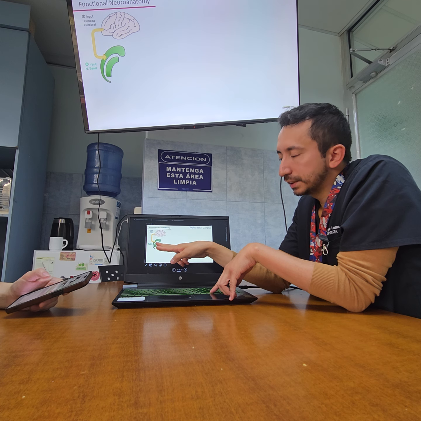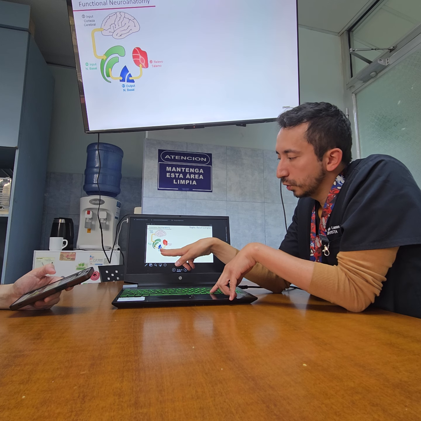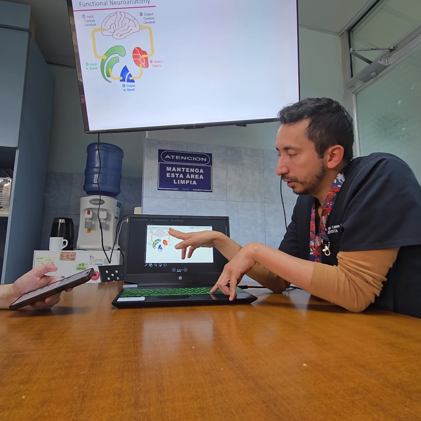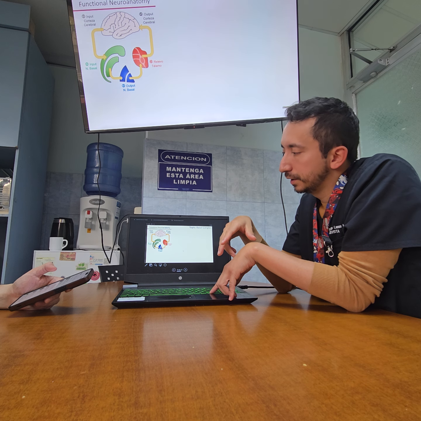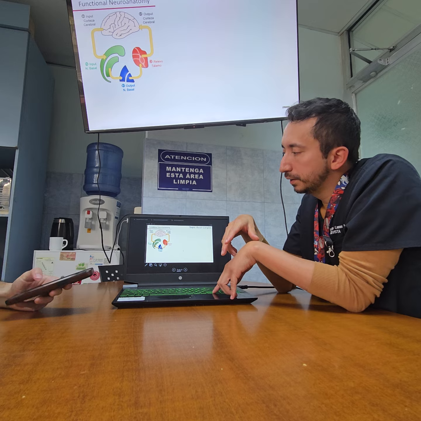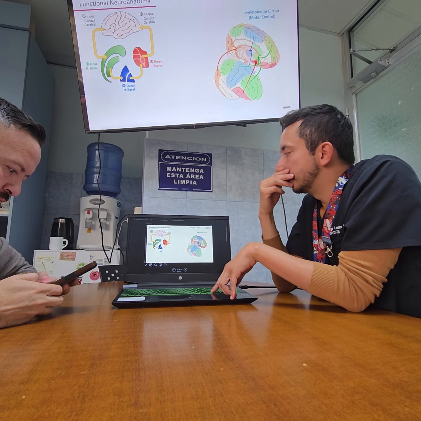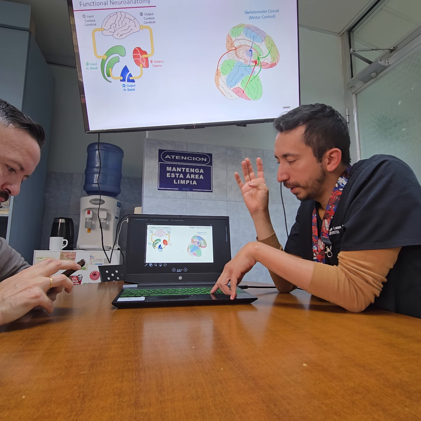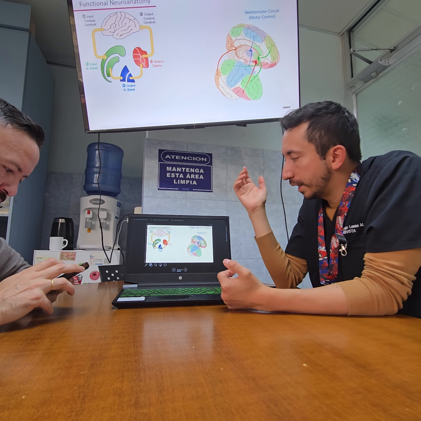Then you have a basal nucleus, then another basal nucleus, then the thalamus, and finally you have again the cerebral cortex. All these are the loop that completes the functional neuroanatomy.